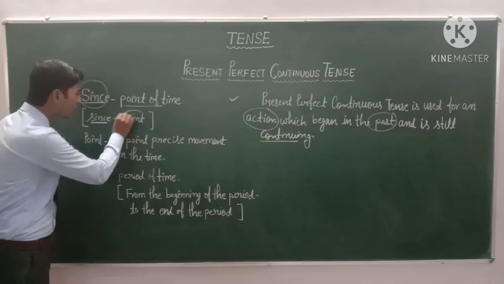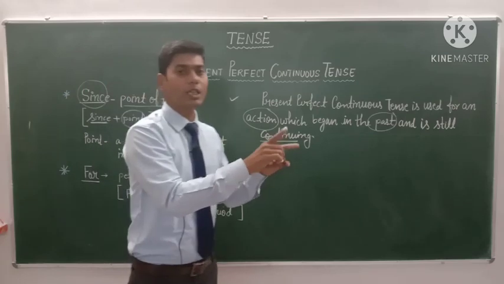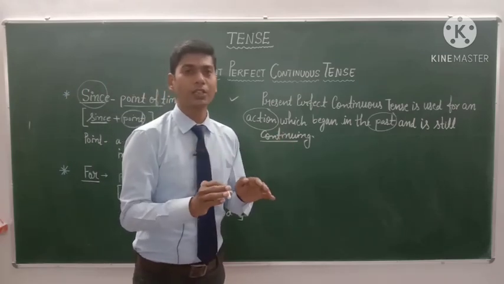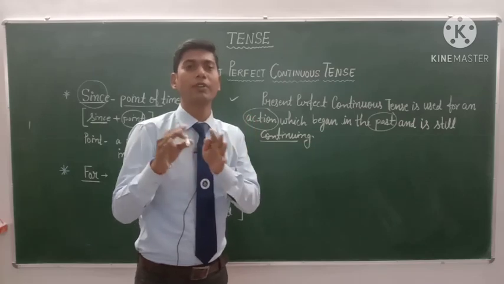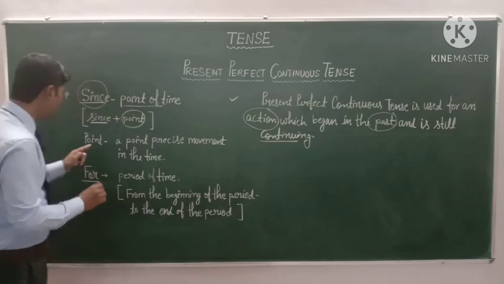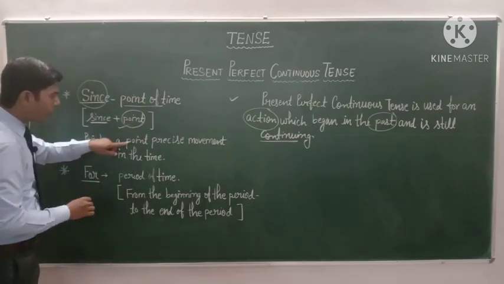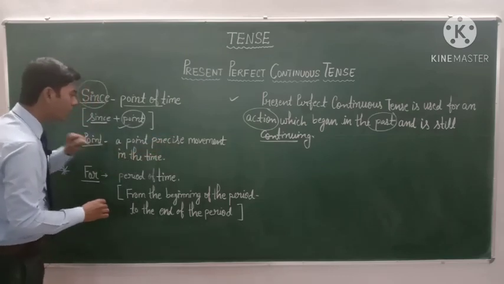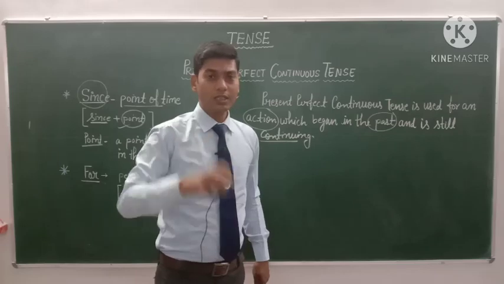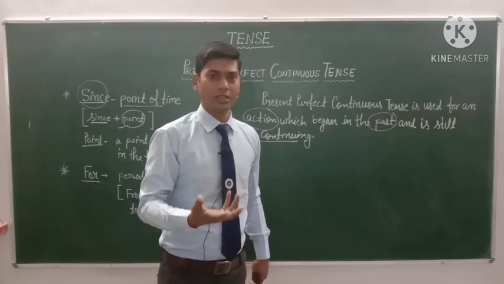After that there should be a time, whatever time is given in the particular statement or sentence: 1st October, 1st January, 2017, 2015, like this. Okay? A point, a precise moment in time, I explained here. It means exact time, exact date, accurate year, like this.